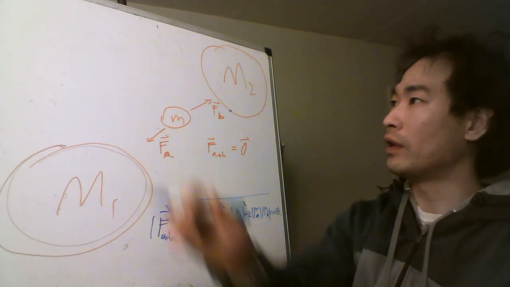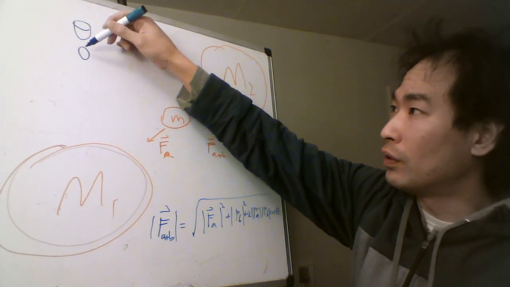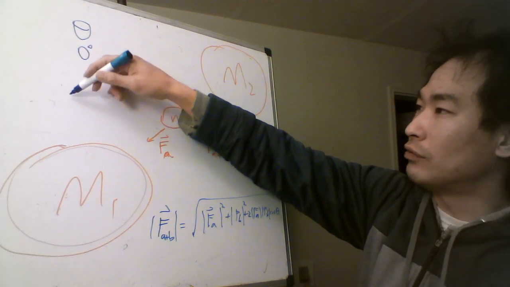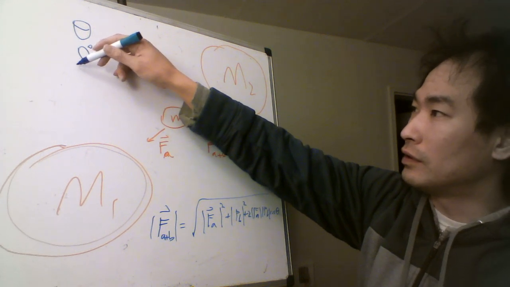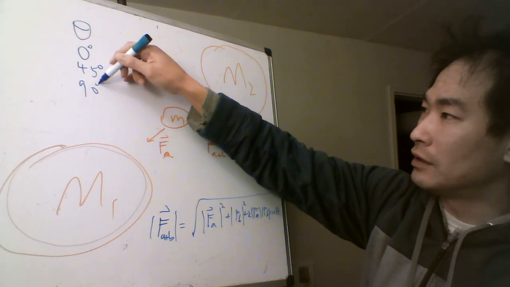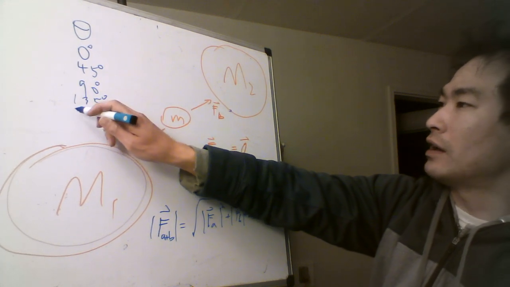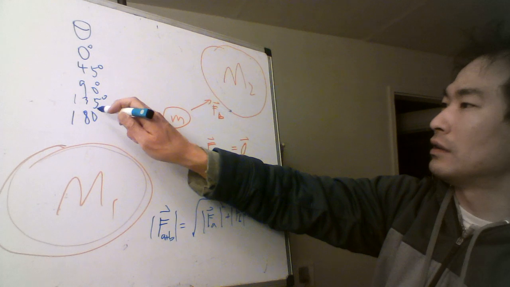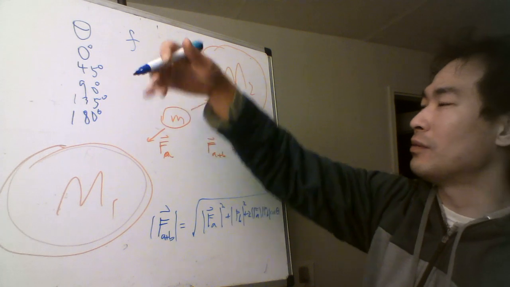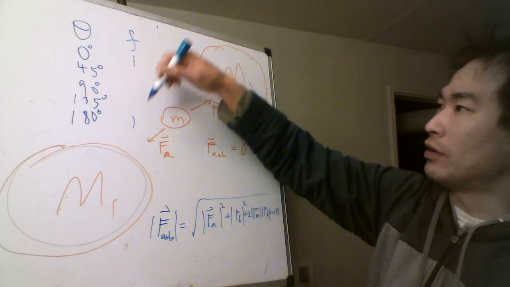When theta is 0 degrees, 45 degrees, 90 degrees, 135 degrees, 180 degrees, this trigonometric function, some kind of combination, it should be 1 here, 1 here.